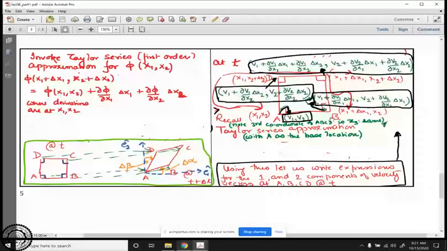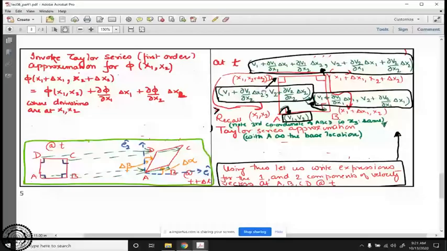Because B is displaced from A at time t by delta x1 in the e1 direction only. So you have del v1 del x1 delta x1. Similarly, v2, the second component of velocity at B, is v2 plus del v2 del x1 delta x1.